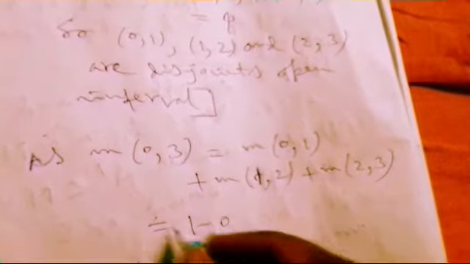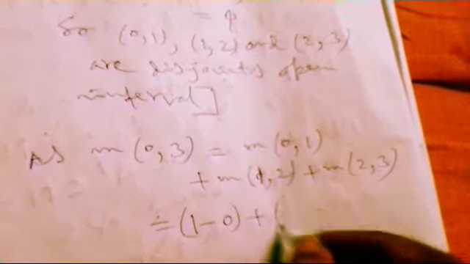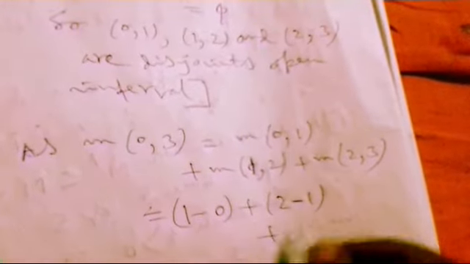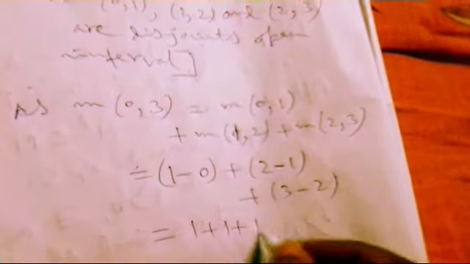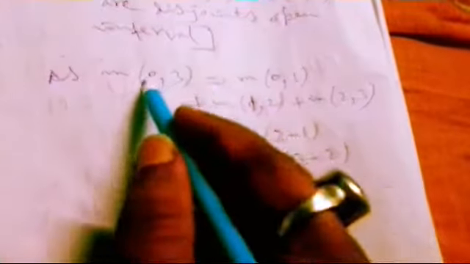Finding this result: 1 minus 0 plus 2 minus 1 plus 3 minus 2, that is 1 plus 1 plus 1, which is 3. So it is clear the length of this interval is also 3.